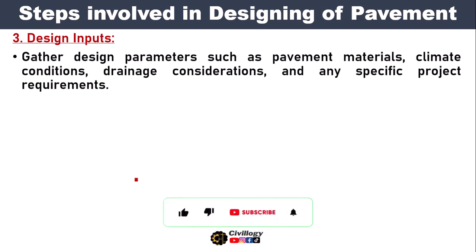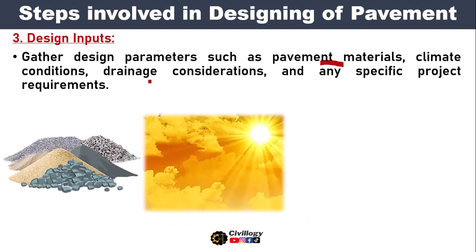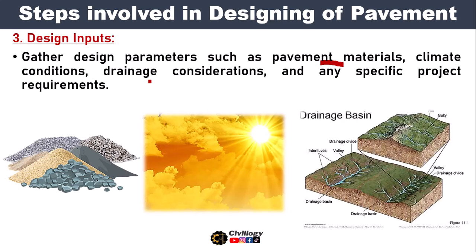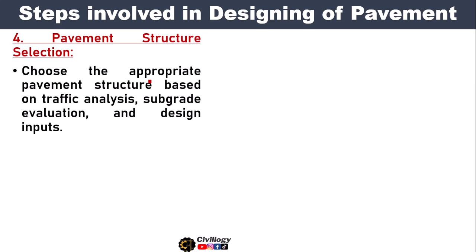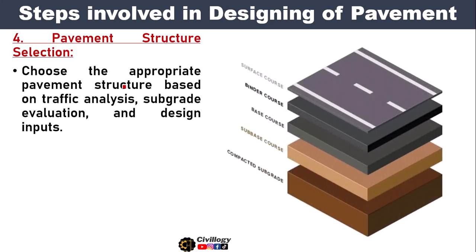In this step, you will gather design parameters such as pavement materials, climate conditions and drainage considerations and any specific project requirements. The fourth step involved in designing of pavement is pavement structure selection. In this step, you will choose the appropriate pavement structure based on the traffic analysis, subgrade evaluation and design inputs.